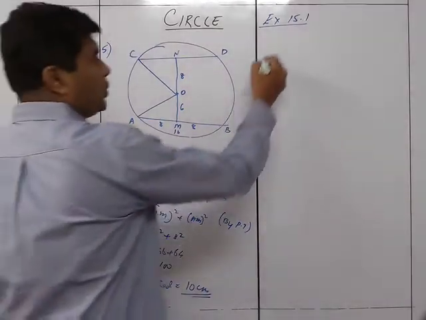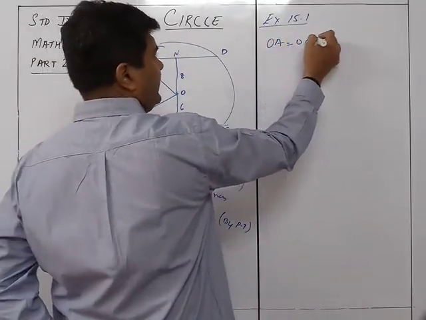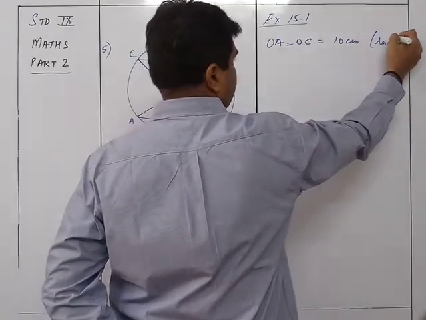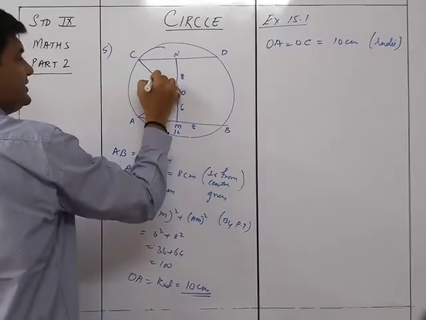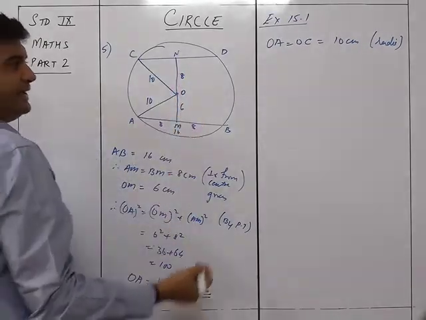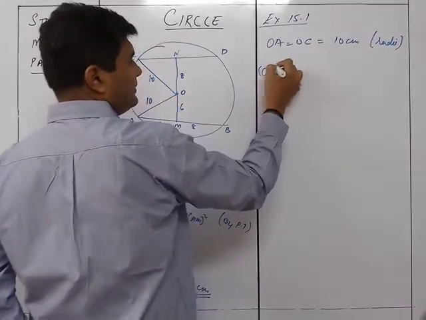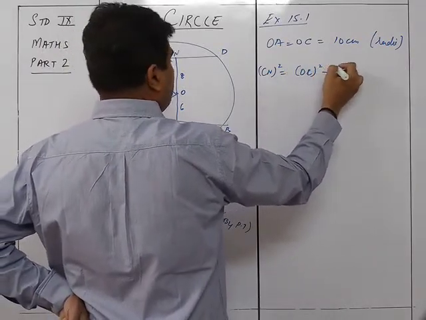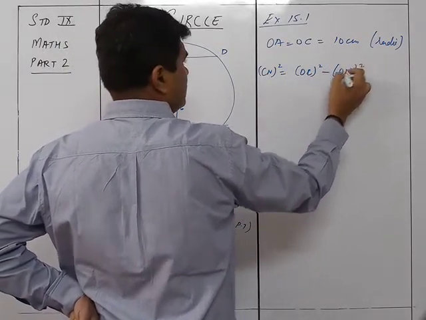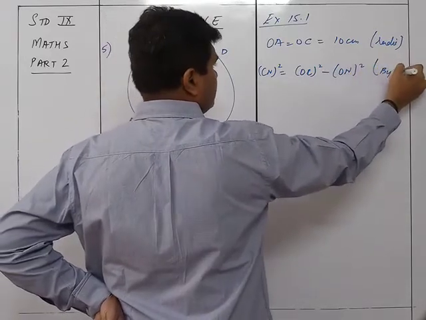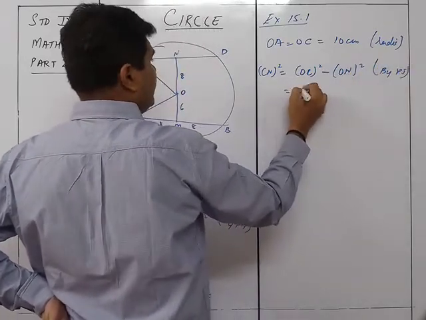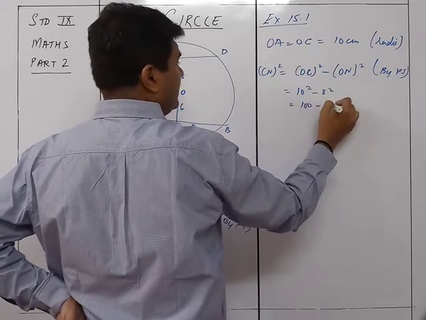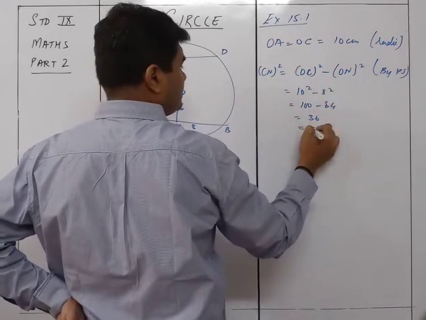So that means OA is equal to OC is equal to 10 centimeters, the radii. So now this is 10 and this is 10. You need to find CN. So CN square is equal to OC square minus ON square by Pythagoras theorem. That is 10 square minus 8 square, which is 100 minus 64, which is 36, so CN is 6 centimeters.